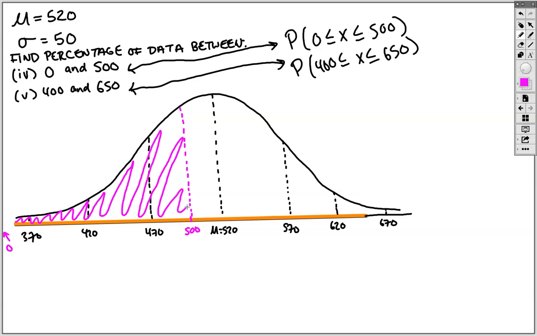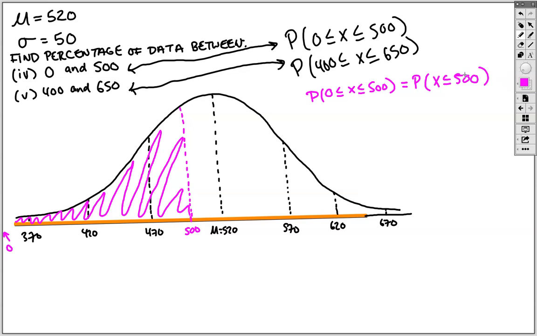So we want this area under the curve. How would we get it? We have to use this idea of standardizing variables. The probability that x lies between 0 and 500, since 0 is the lowest score, is the same as the probability of x being less than or equal to 500.